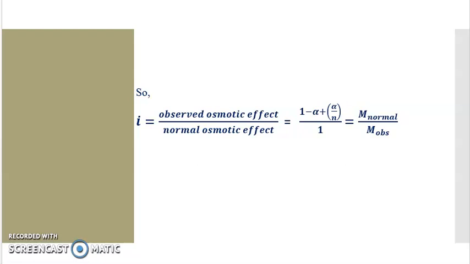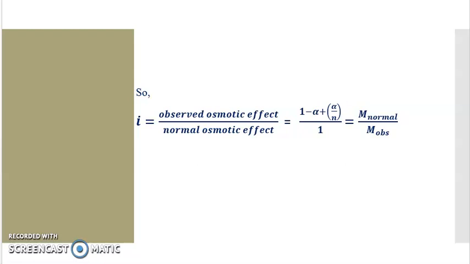Then i will be equal to observed osmotic effect divided by normal osmotic effect, which is equal to (1 minus alpha plus alpha divided by n) divided by 1. Here 1 minus alpha plus alpha divided by n means the number of particles in solution after association.